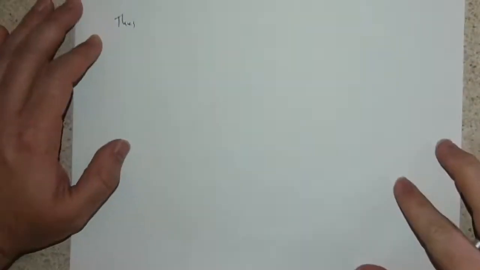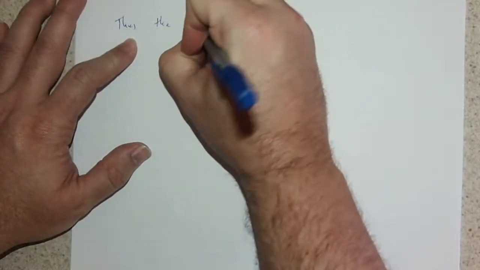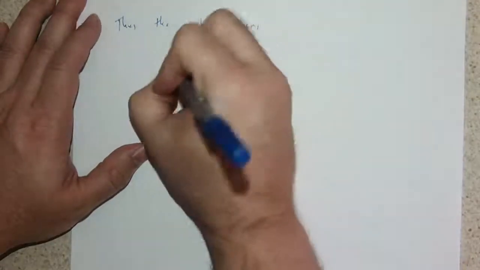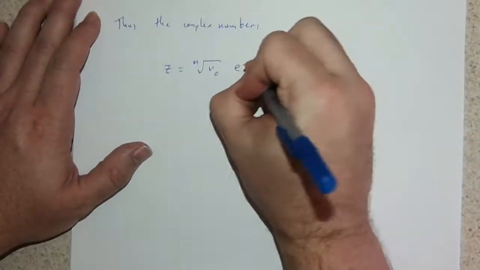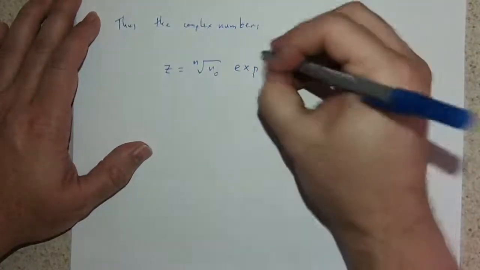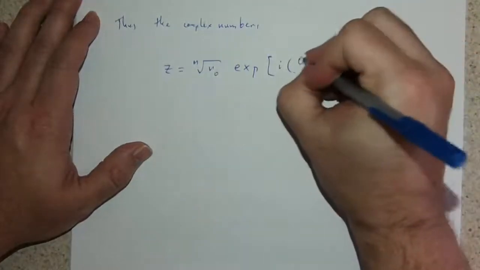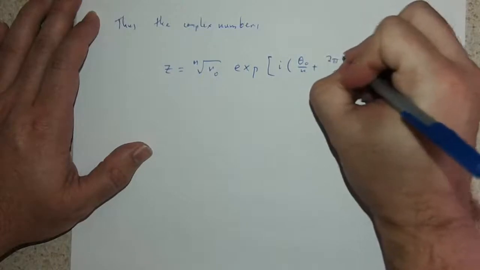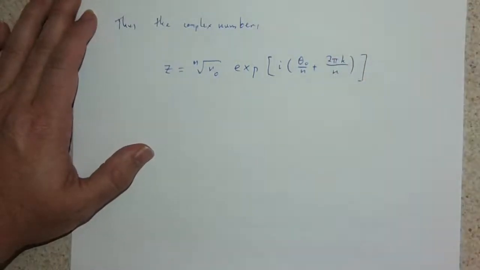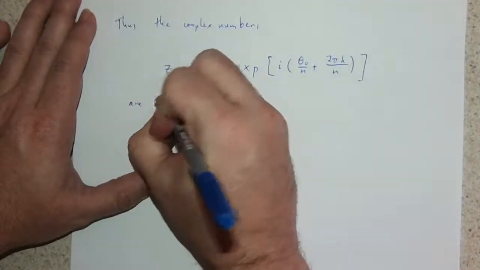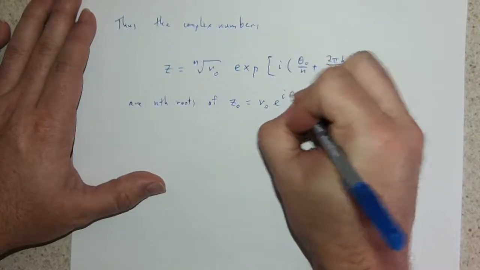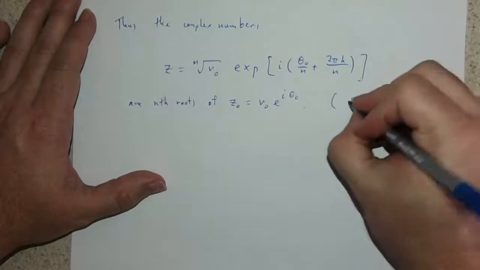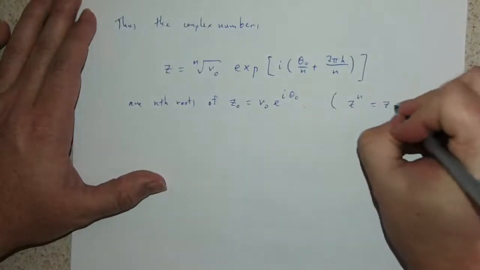And so, just writing this out, thus the complex numbers given by z is the nth root of r naught times e to the i times theta naught over n plus 2 pi k over n are nth roots of z naught, which is r naught e to the i theta naught. I.e., z to the n for each of these z is equal to z naught.